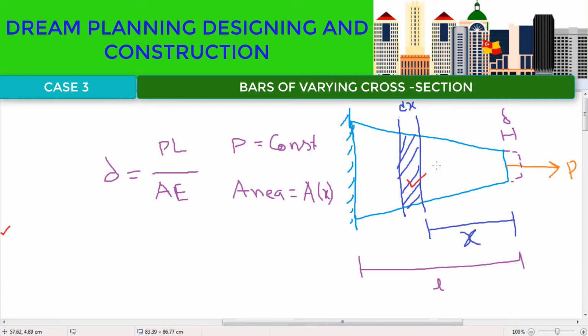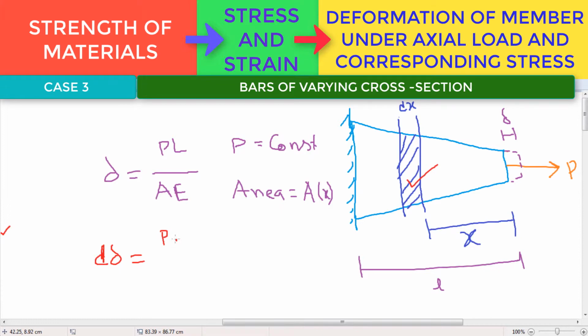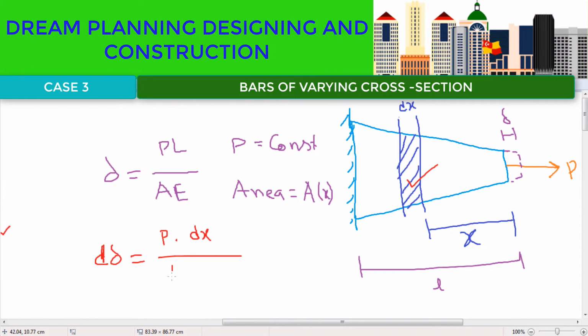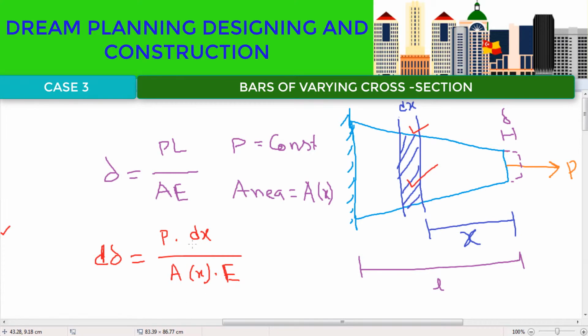So at first we can write that for this small strip, dδ equals P into dx by A(x) into E. That is for this small strip, because A is a function of x, and we apply load only on this dx length, that's why we consider only dx.